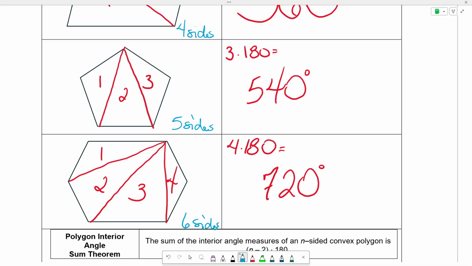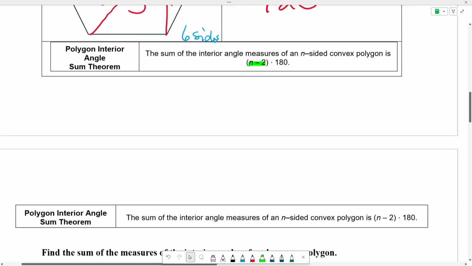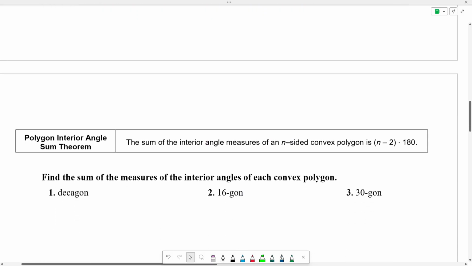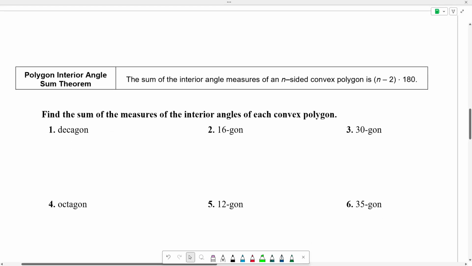The relationship between these says we're going to take the number of sides, subtract 2, and then multiply by 180. So depending on what size my polygon might be determines how much I have to multiply by. Using the polygon interior angle sum theorem formula, I can figure out the sum of the measures of each convex polygon.